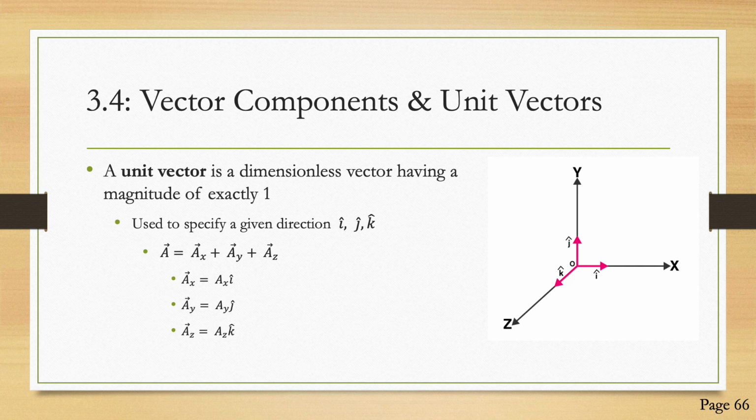In the little example I have, the vector A can be broken down into A sub x plus A sub y plus A sub z. And below that, A sub x is described as A sub x i hat, A sub y is expressed as A sub y j hat, and A sub z is expressed as A sub z k hat.